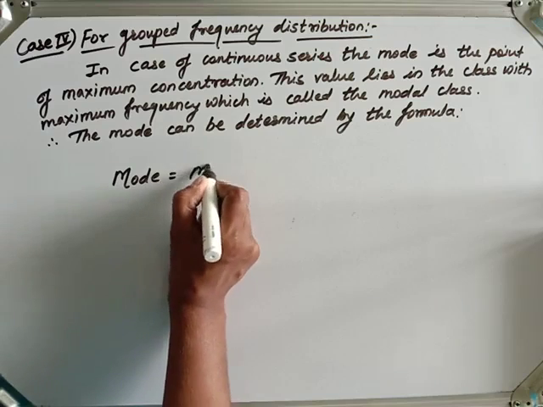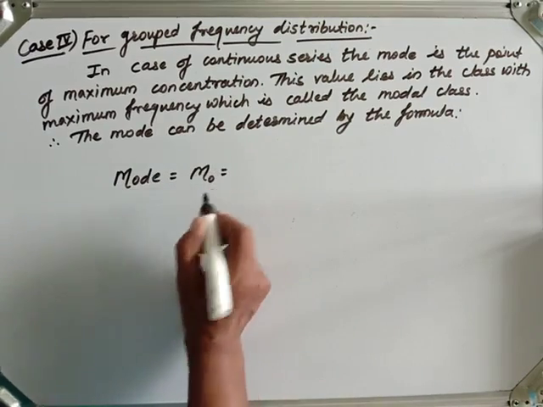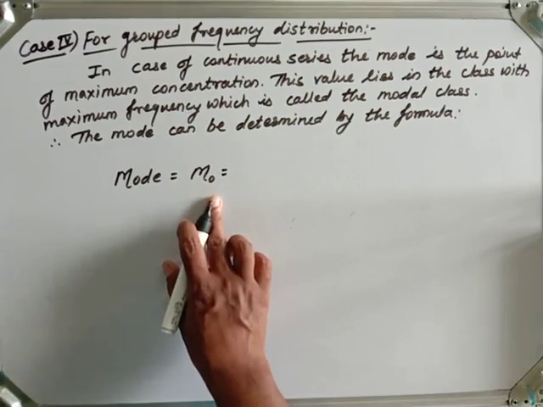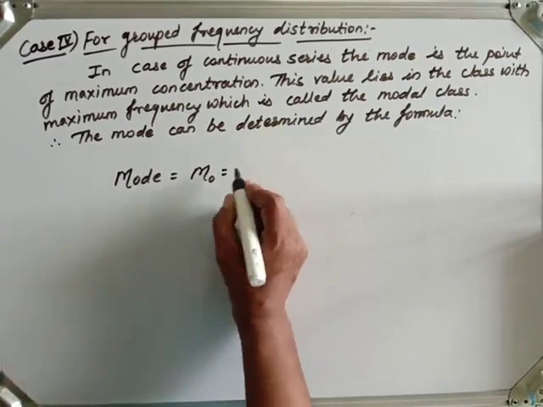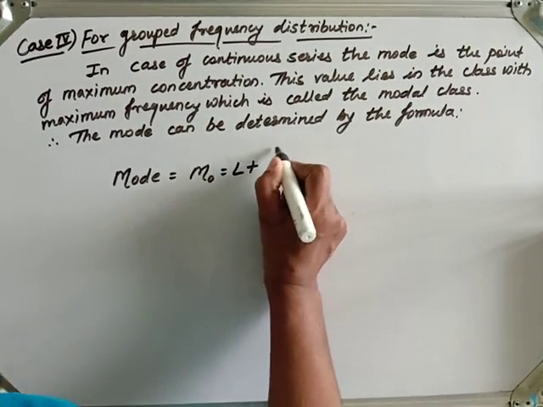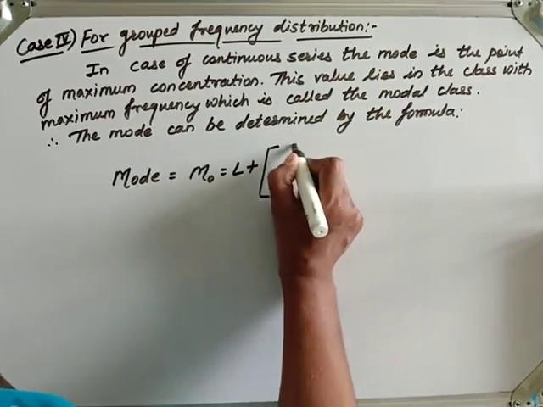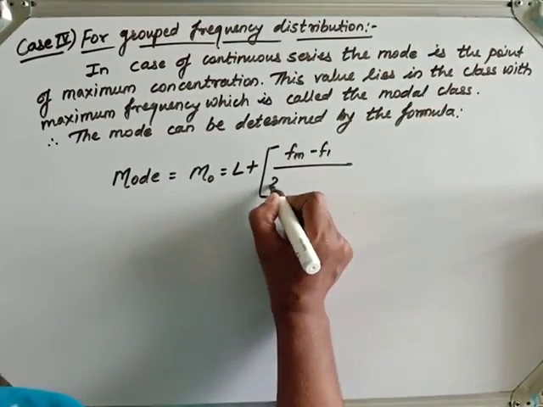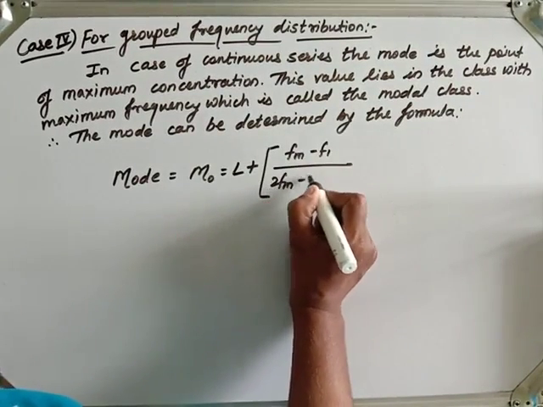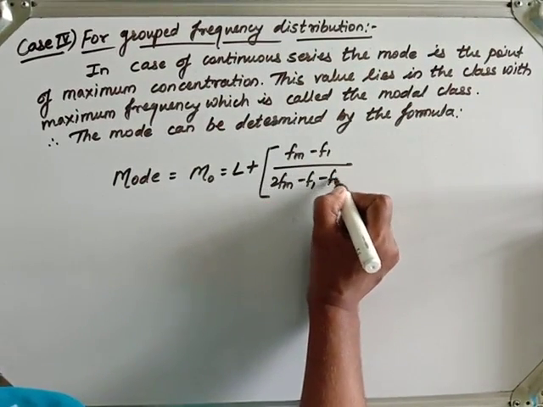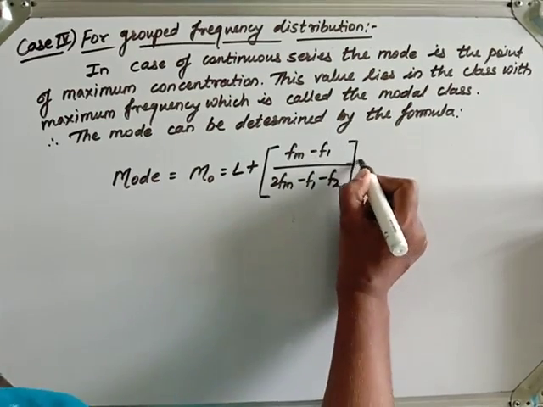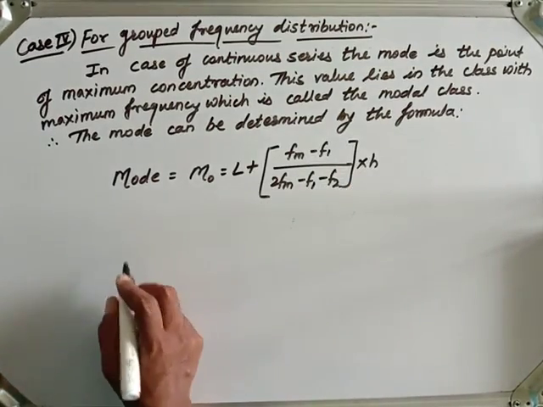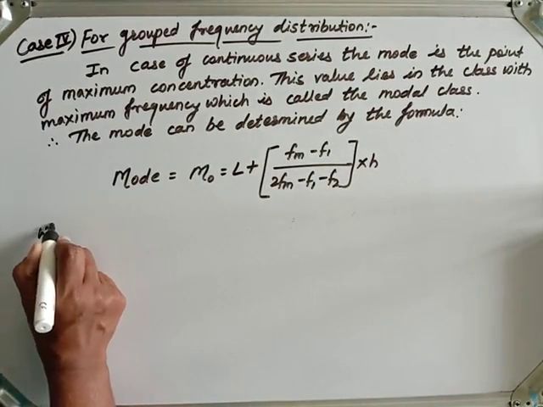Mode, say Mo, like median is Me, we had written a suffix there. So Mo equals L plus (fm minus f1) upon (2fm minus f1 minus f2) multiplied by h. So what are the terms?